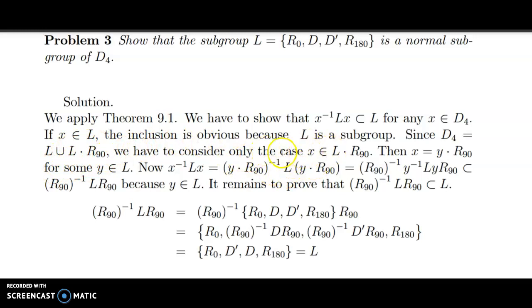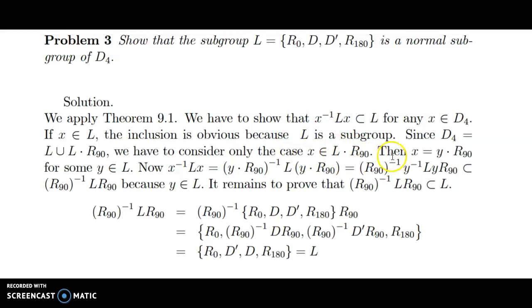So it remains to consider the case when this x is from the second coset, L times R90. It means that x will be y times R90 for some y from L. And we are interested in this inclusion, so compute x to the negative 1 L x, but x is y R90.